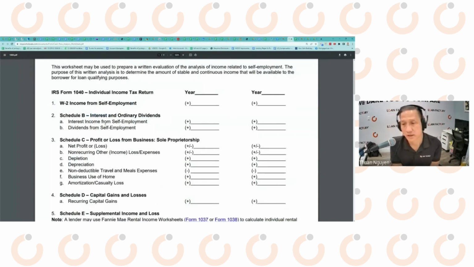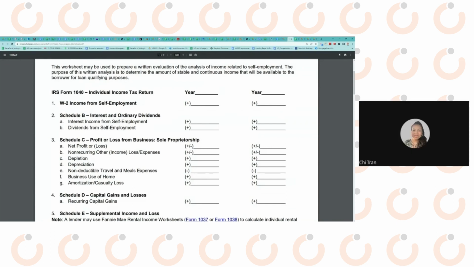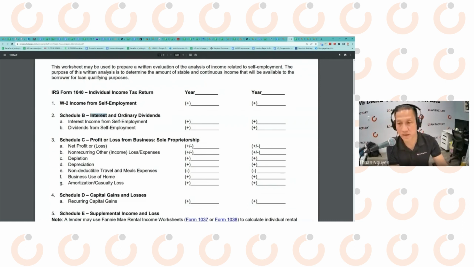Let's say someone has a few million dollars, they buy government bonds. They sit there and collect interest. Those can be counted. We can use the interest income or ordinary dividends. So if they buy stock from a big company, like a bank that pays a lot of dividends every year, dividend income can be used.